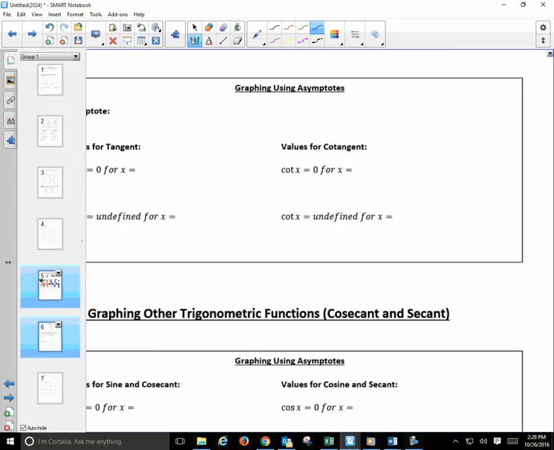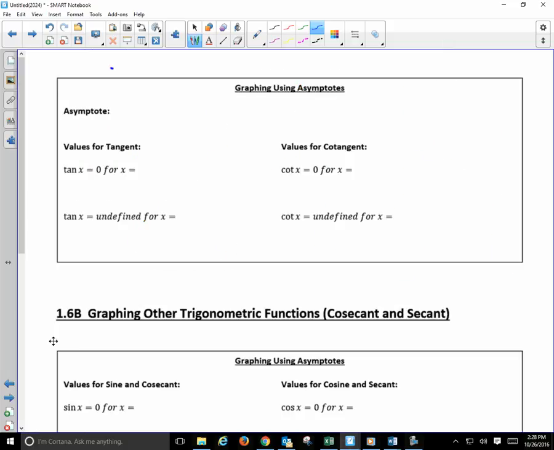So, flip it over to the other side, and let's just write down a couple notes. The important thing is you remember where to place the asymptotes. Asymptote is a line the graph approaches.